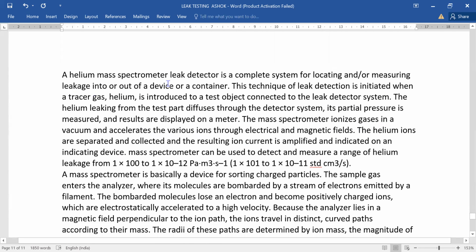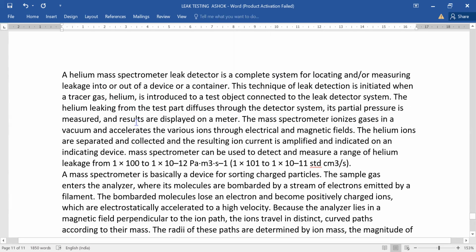a helium mass spectrometer leak detector is a complete system for locating and measuring leakage into or out of a device or a container. This technique of leak detection is initiated when a tracer gas, helium, is introduced to a test object connected to the leak detection system. The helium leaking from the test part diffuses through the detector system.